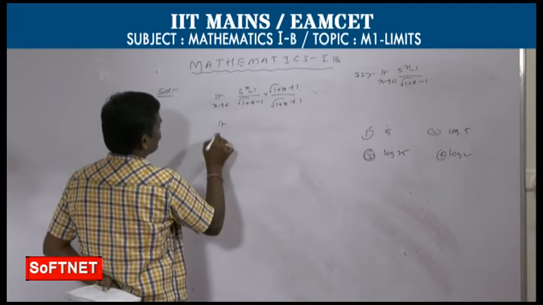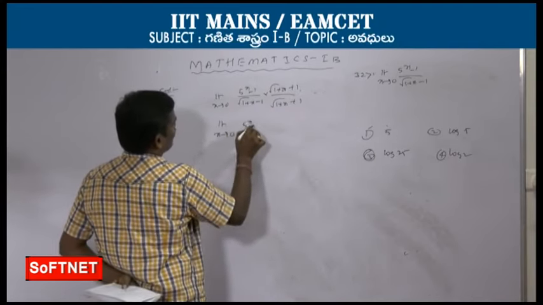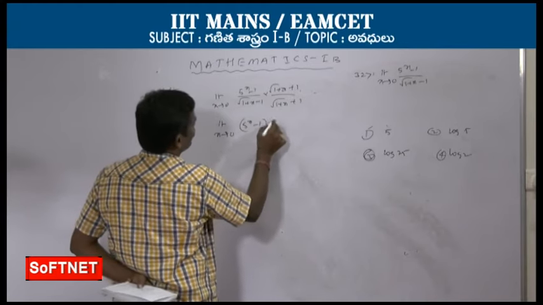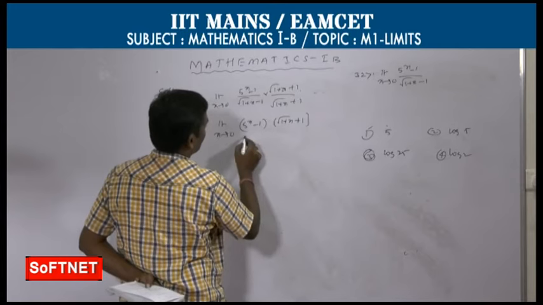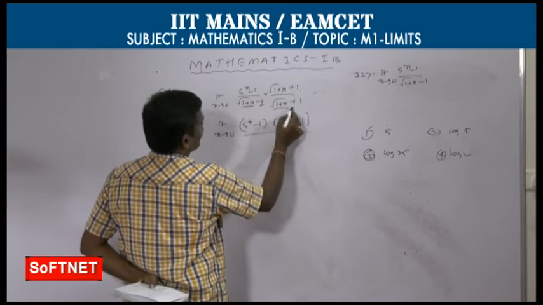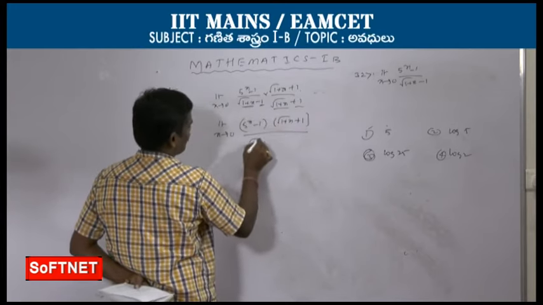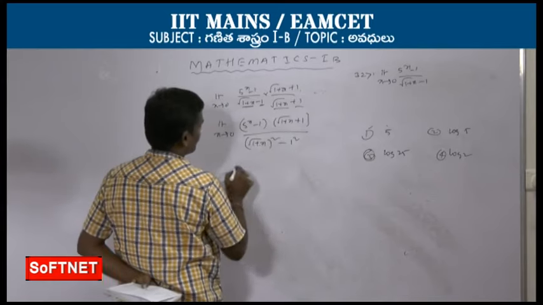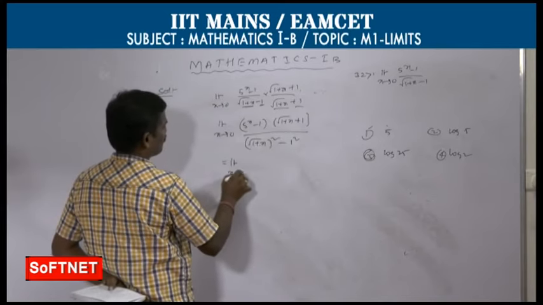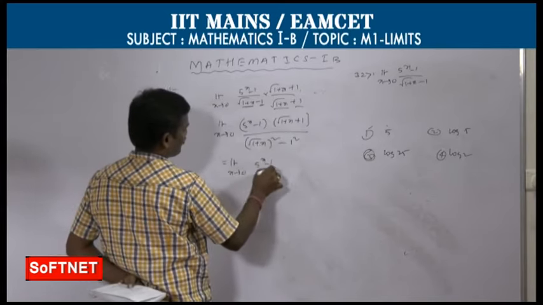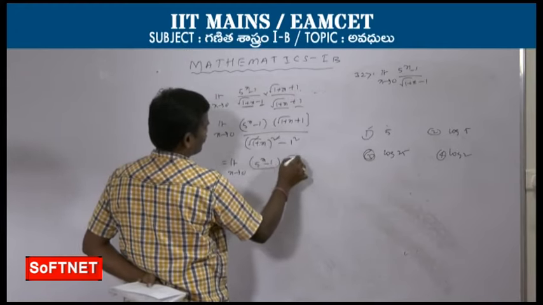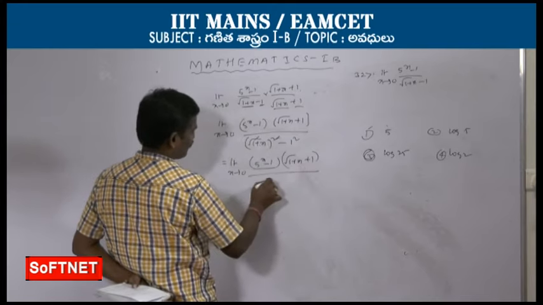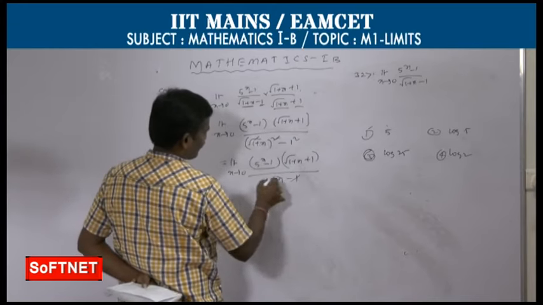So limit as x tends to 0, (5 power x minus 1) into (square root of 1 plus x plus 1) by a minus b, a plus b, which is a square minus b square. So 1 plus x minus 1, the square and root cancel, and the 1 cancels.